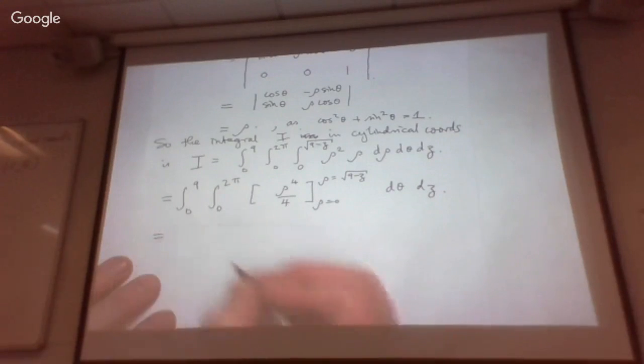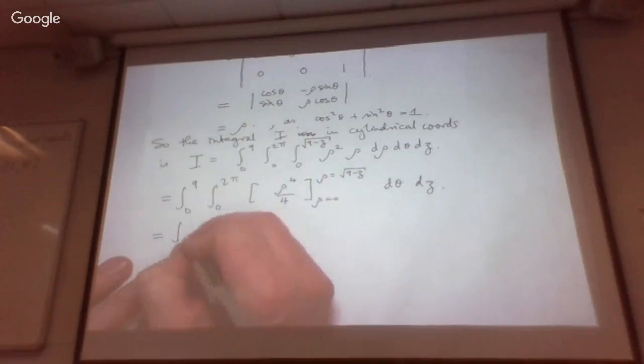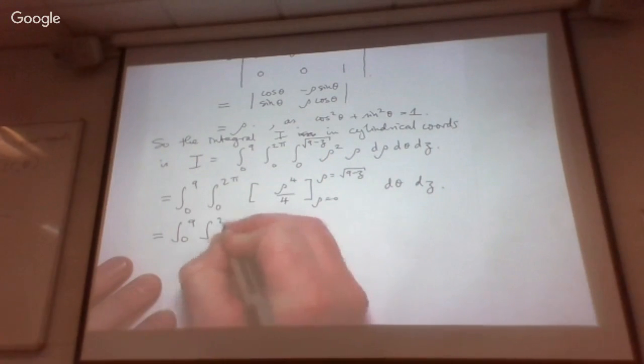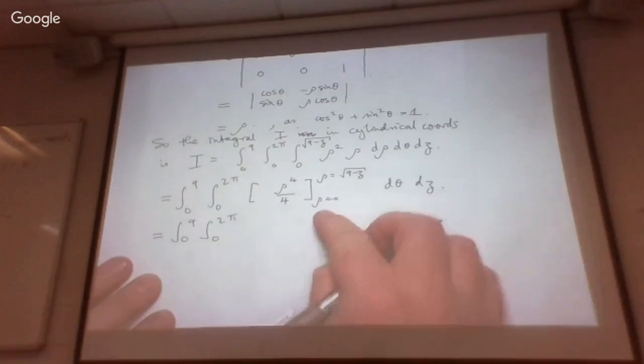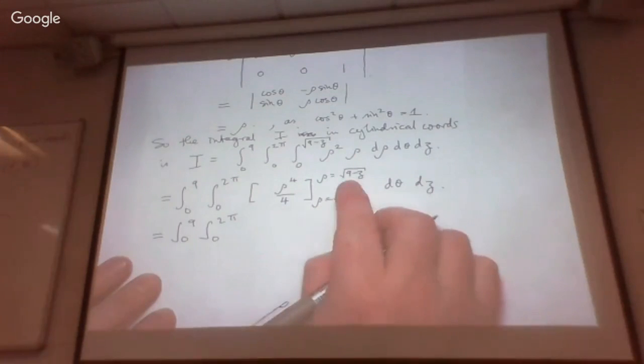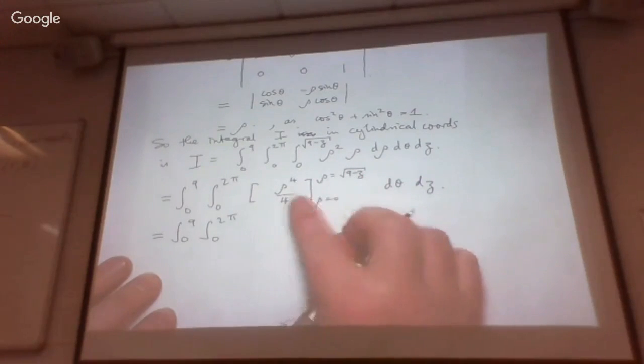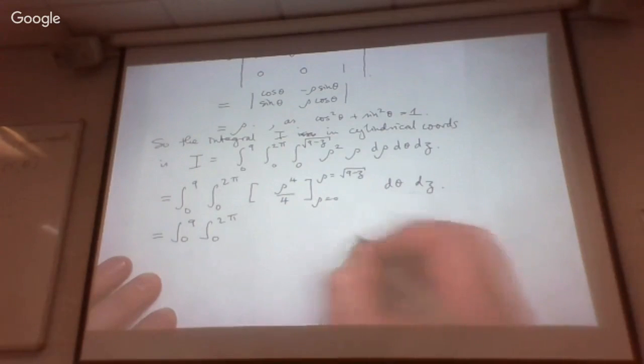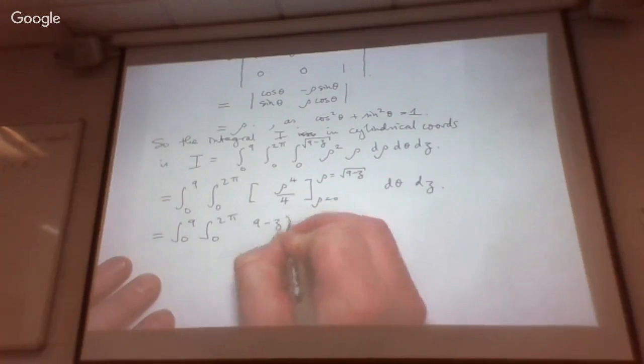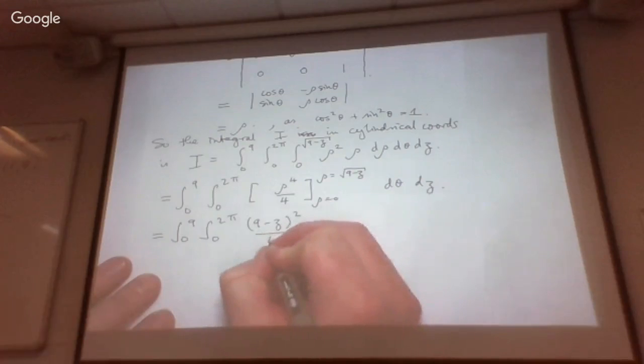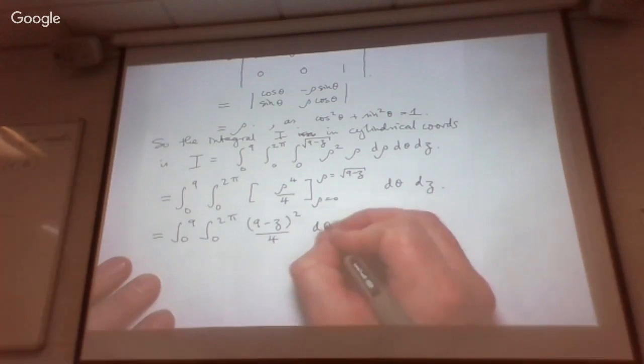So what's this going to be? Integral 0 to 9, integral 0 to 2 pi. You make this substitution, so you get nothing at rho equals 0, and you get the square of 9 minus z at the upper limit. So it's going to be (9 minus z) all squared over 4, d theta dz.